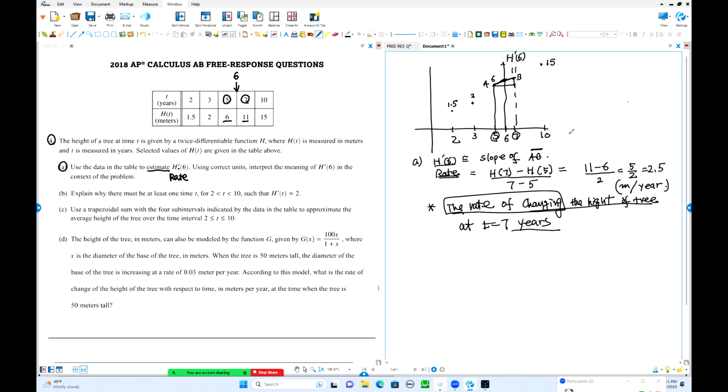So y2 minus y1 over x2 minus x1 is the slope that approximates h prime of 6, because 6 is between 5 and 7. Okay, it is understandable, part A.